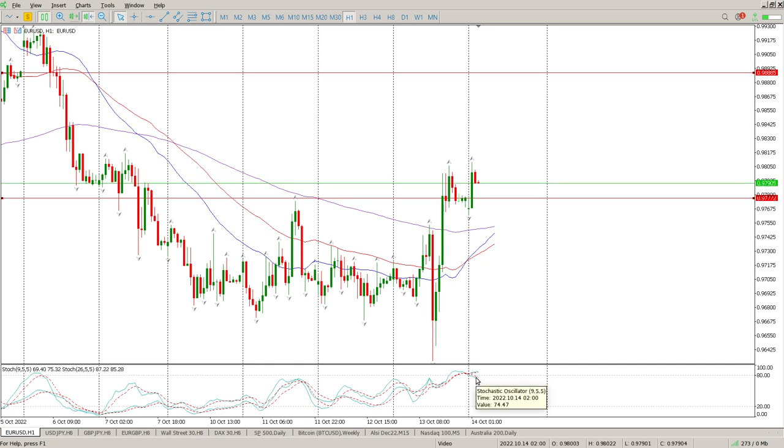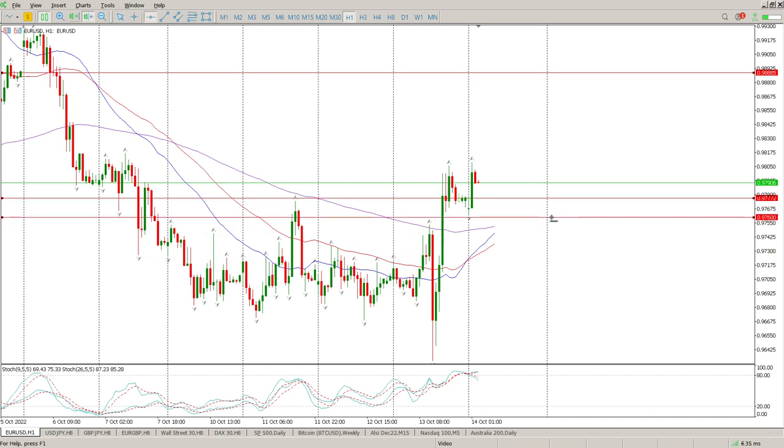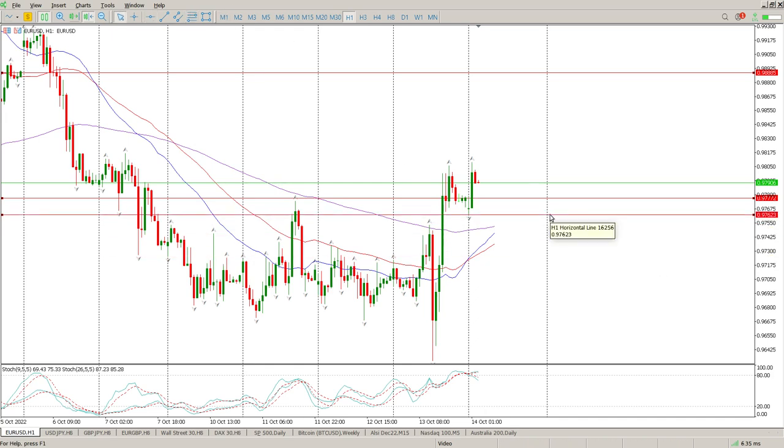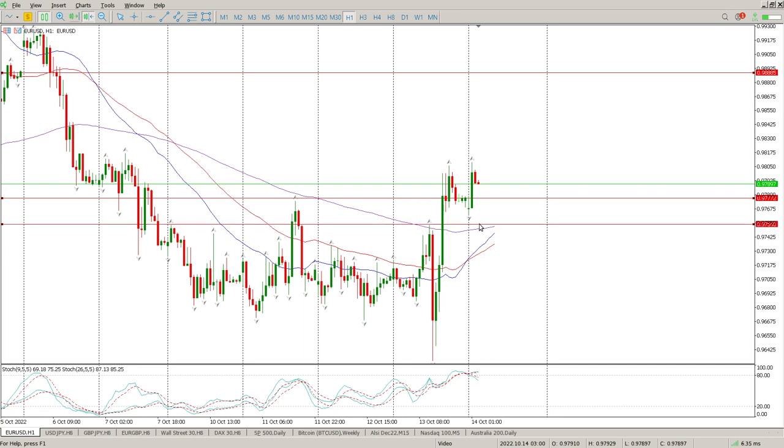Oscillators are starting to separate. Does look like a bit of a double top at the moment as well. If we do break below the current swing low, there may be a move lower, but I somehow doubt that. I think somewhere between 0.9772 and 0.97540, you need to watch price action between those two levels.